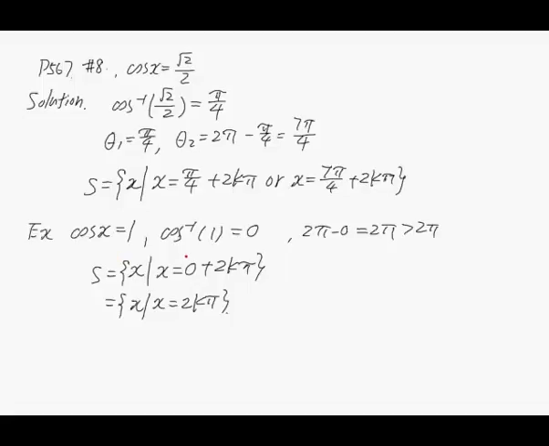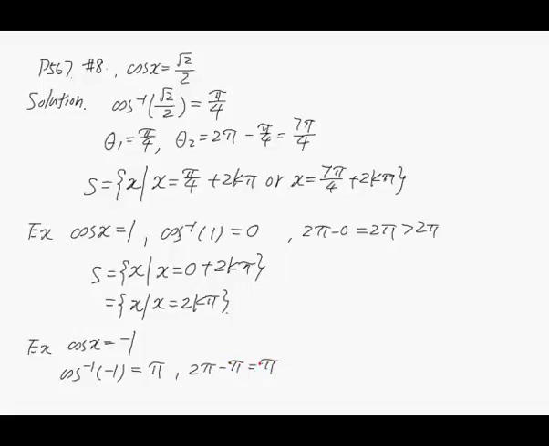Now let's look at one more special case. Cosine x equal to -1. And in this case, let's first find the inverse cosine of -1. So we know this is equal to pi, right? And if you use 2 pi minus pi, you still get pi.